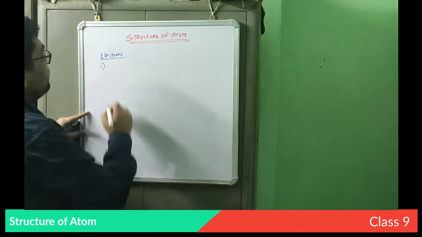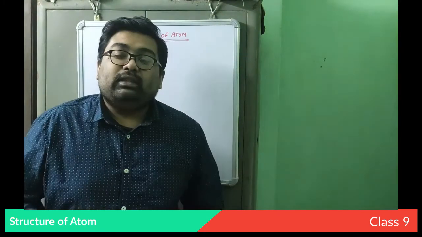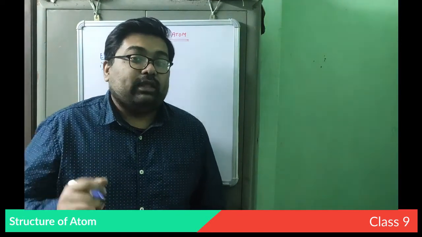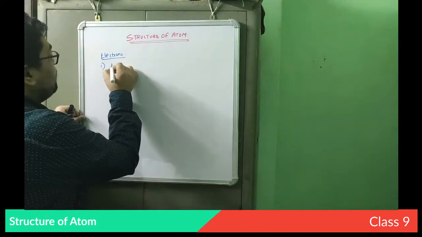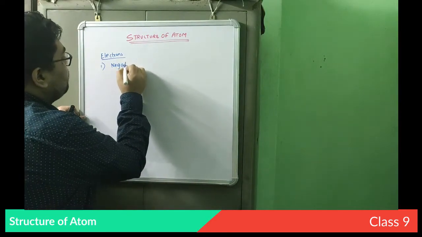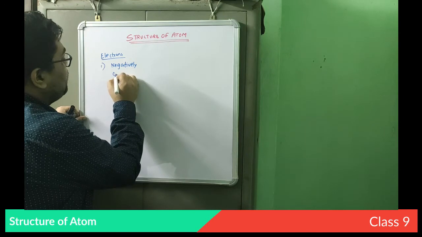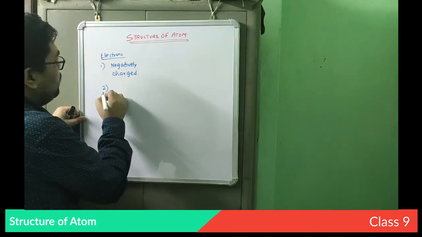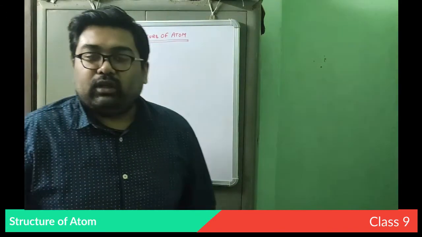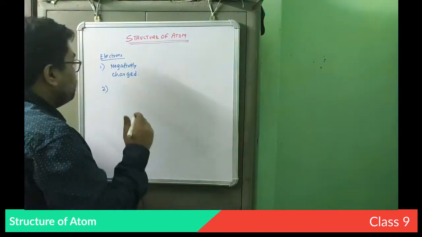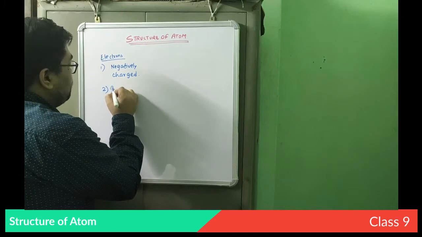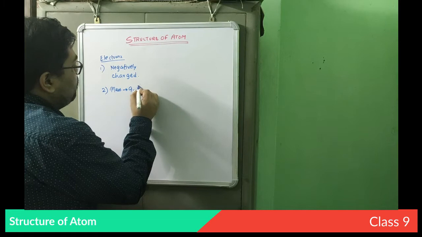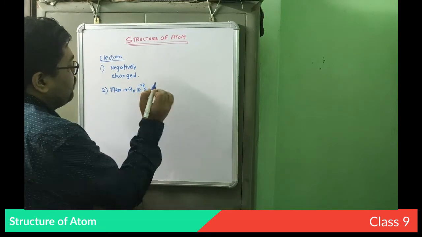So what are electrons? They are a subatomic particle, and it is negatively charged. Number 2, if we talk about the mass of an electron, it is very small: 9 into 10 to the power minus 28 gram.